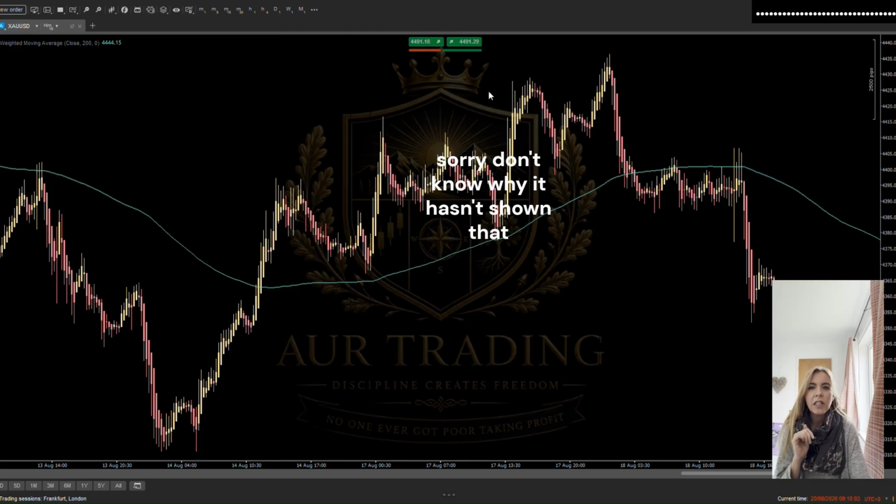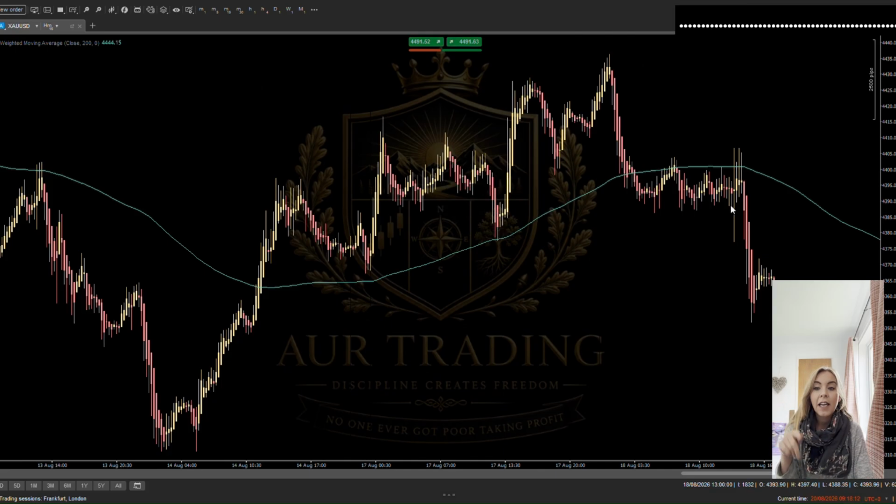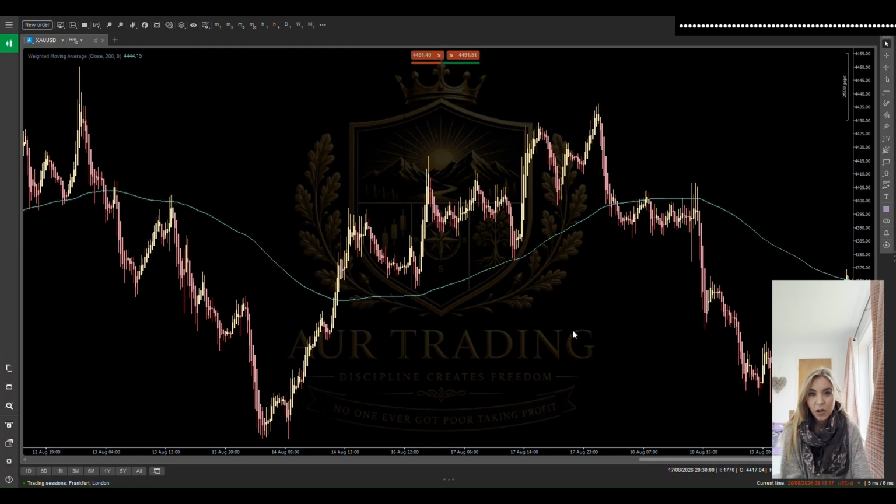So I think on TradingView it brings it up as 9 and it's classed as the length. Change the length from 9 to 200 and then it will set it like this. So simple, so easy. Absolutely love trading this strategy.